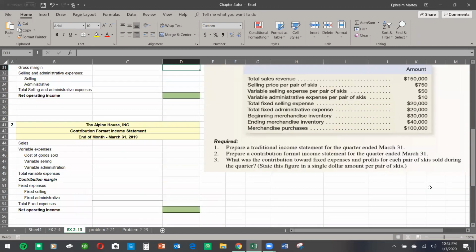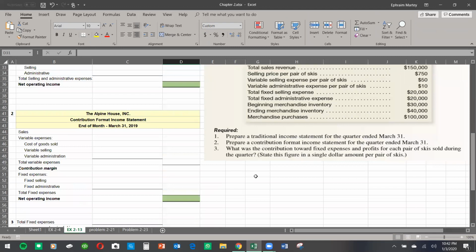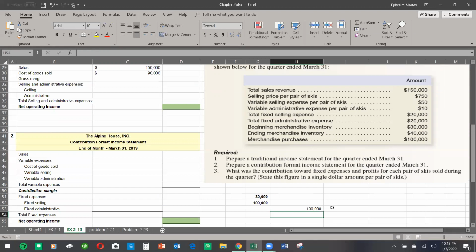Does that make sense? Let me just repeat it and write it here. At the beginning of the period, we had $30,000, and we purchased $100,000. We add the $100,000, so the total will be this plus this. So we had $130,000 during the period. But at the end of the period, we realized that we had $40,000 left.